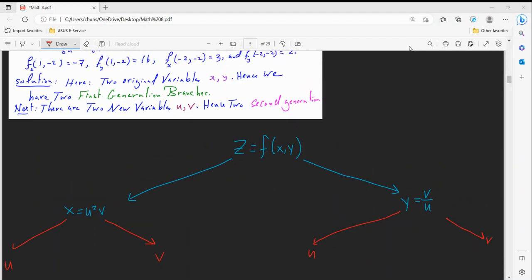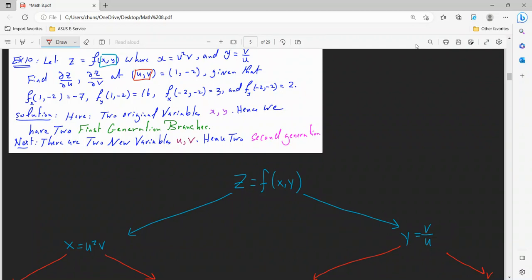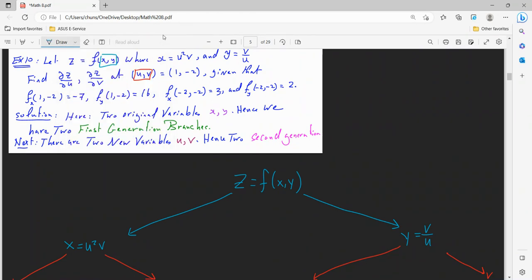So this question lays out our data in a little bit of a different way. So rather than being given an explicit function, we're just given our function in a different form, where our partial derivatives with respect to our original function look something like this.